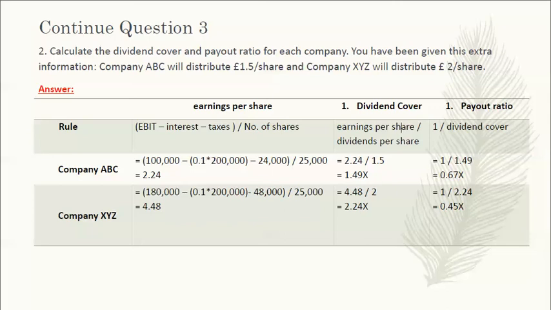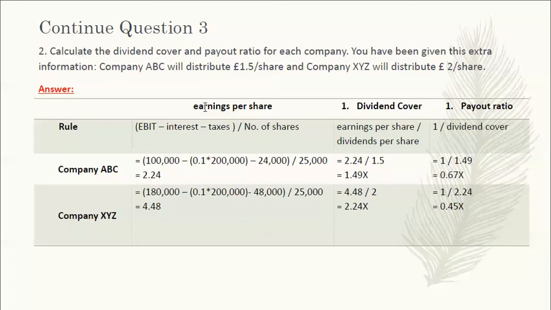I have here that the dividend per share will be 1.5 per share for company ABC and 2 per share for company XYZ. So I need to calculate the earning per share.